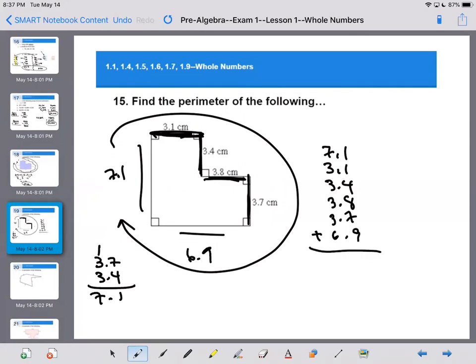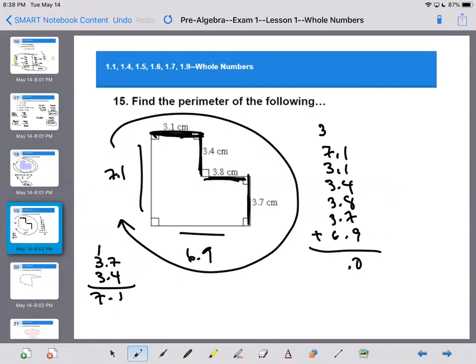So 16 tenths, 12 tenths, 2, let me start that over there. So that's 16 and 8, 24, 25, 30.